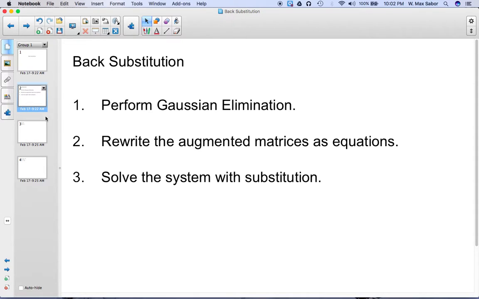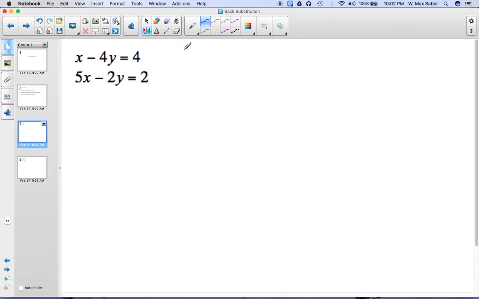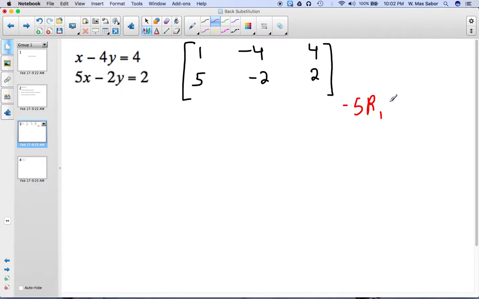So, here we see 1, -4, 4, and yes, this is the same example as with the Gauss-Jordan elimination problem. We can put this in row echelon form by taking -5 times R1, adding it to R2, and putting that in R2.